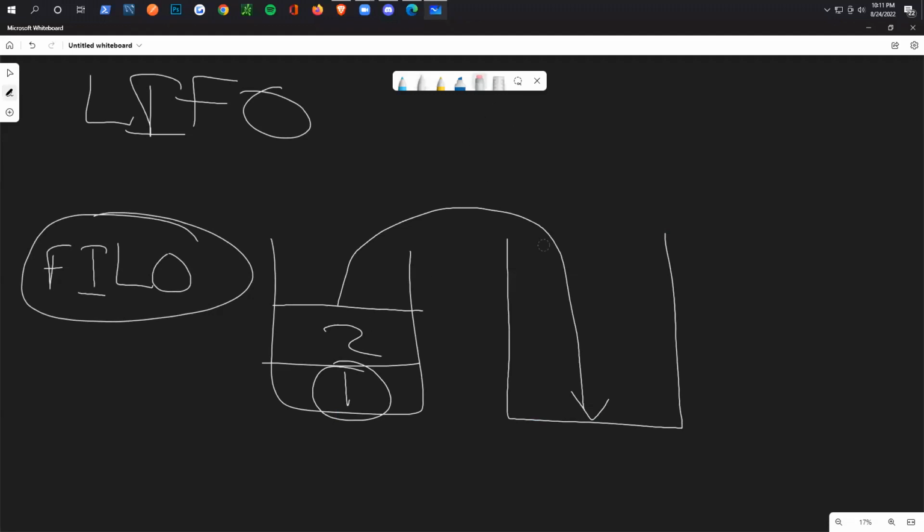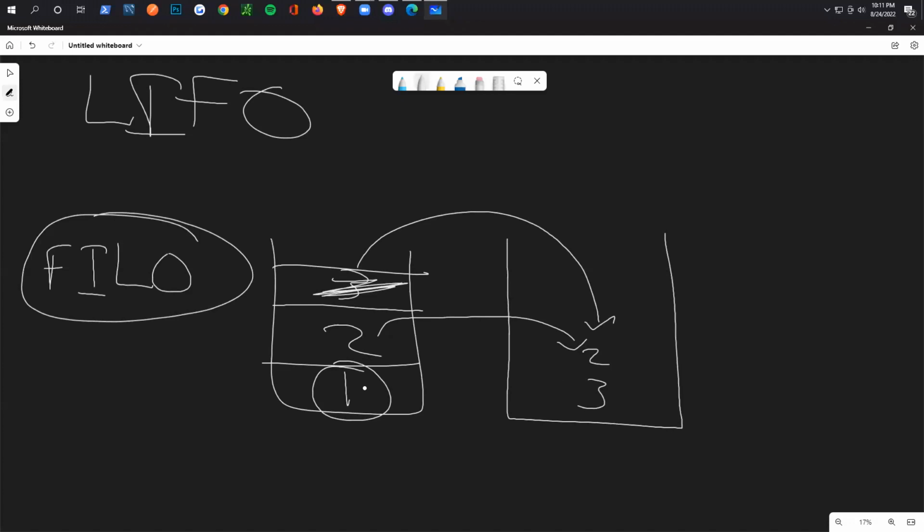So since it's a LIFO data structure, for you to reverse the order, since the first thing in is going to be the last thing out, assuming you don't add anything else, then all you have to do is just pop. That's going to be 3. Pop. That's going to be 2, and then pop. That's going to be 1.